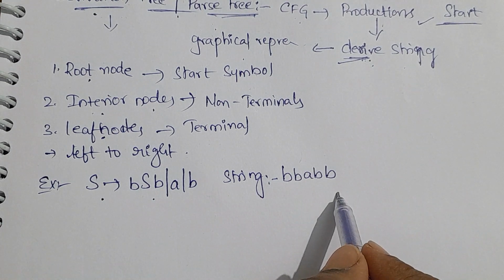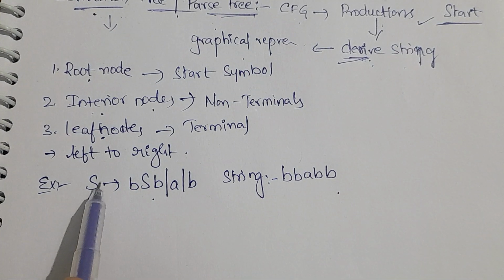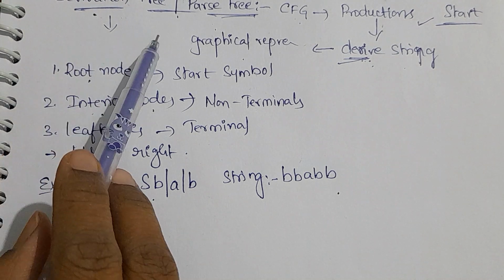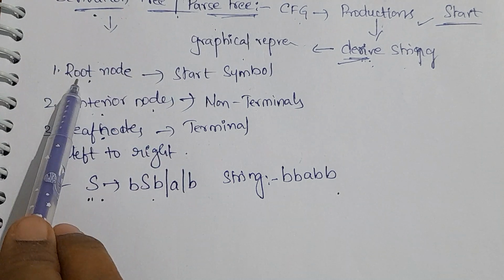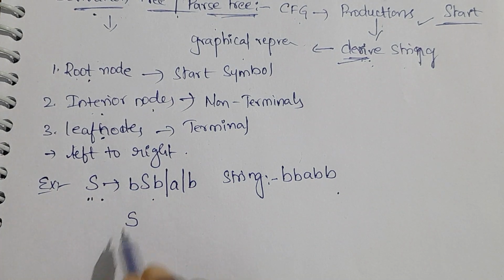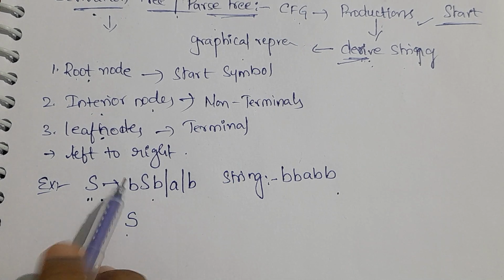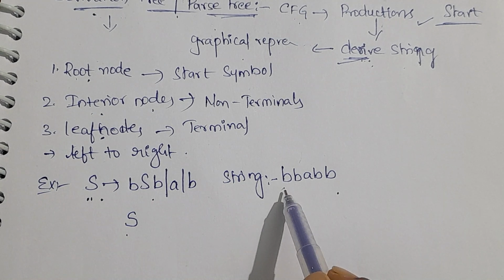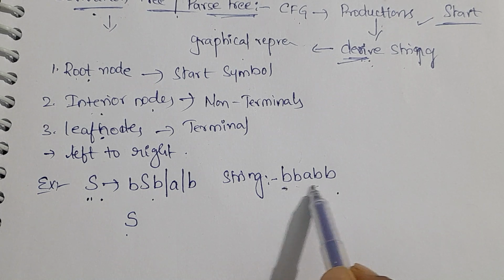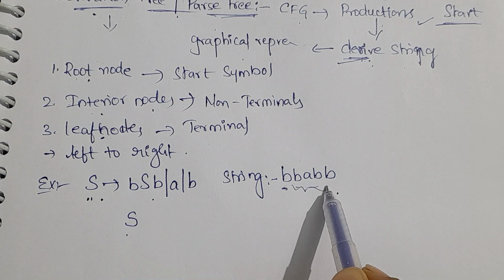This is my string. Now, what is my start symbol here? Any tree will start with a root node, right? Here in this case, S is my root node. From S, I should derive this particular string. So, what is my initial character? B, right? If I get b as the start of the string, later on I have some characters, right?